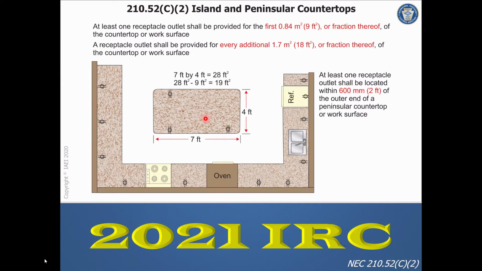Now, if you look at the definition of receptacle and receptacle outlet in Article 100 of the NEC, or Chapter 35 of the IRC, let me just read it to you because I get this question sometimes.